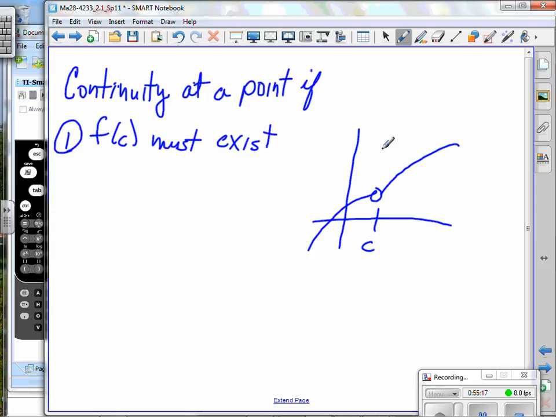Well, what if I put this up here? Now does it exist? Yeah, it's up here at, we'll make this at B, and we'll make this down here at A, okay? So now, does the function exist at c? Yes, but is it still continuous? No, okay? So now, tell me what you were going to tell me.